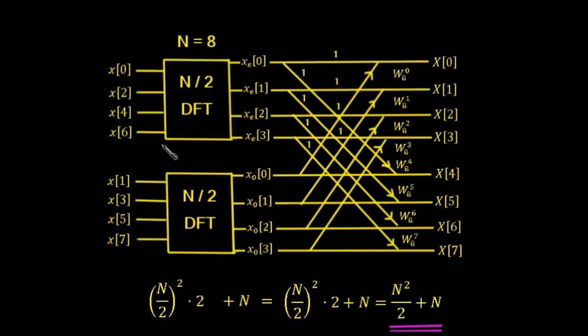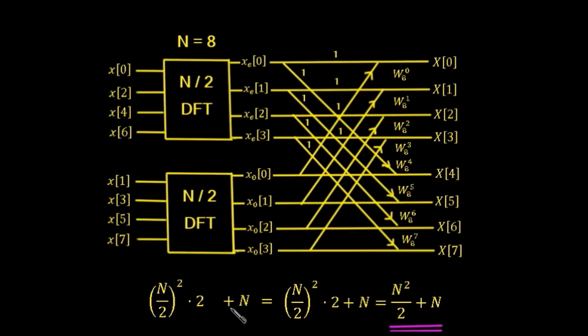But in this instance here we've now got an n upon 2 DFT, and there's 2 of them. So instead of having n squared multiplications, we're going to have n upon 2 squared for this one, and we'll have n upon 2 squared for this one. So we're going to have 2 times n upon 2 squared calculations.